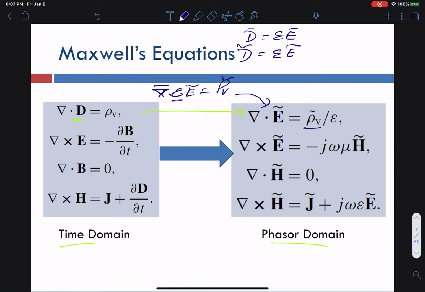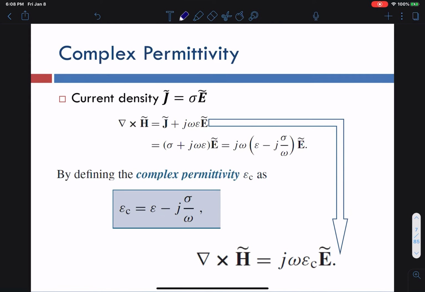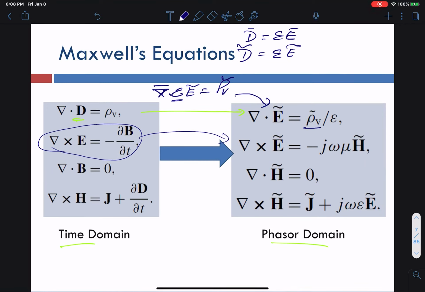So let me show you this one here, how you get from here to here. This is a little bit complicated. Let's work on that. I'm going to use the space here to work on that one. I should have some space around here. So let's start from here.